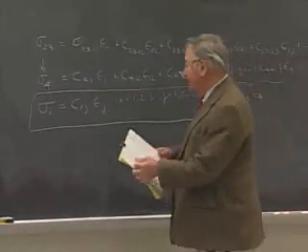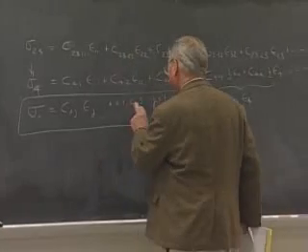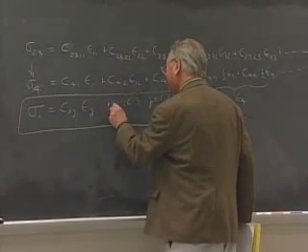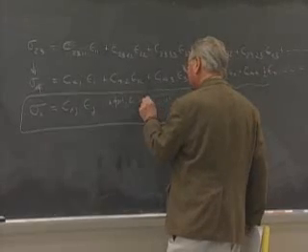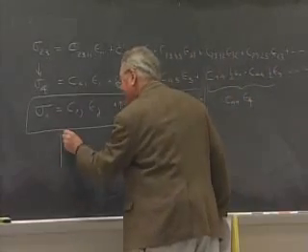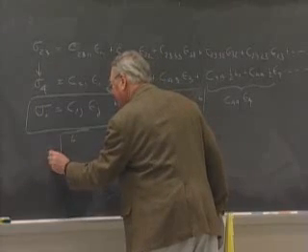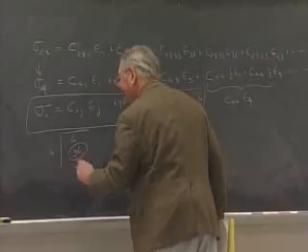Yes, I'm sorry, i and j. So it's a 6 by 6 matrix, right you are. So this is a 6 by 6, and in here are 36 stiffnesses.